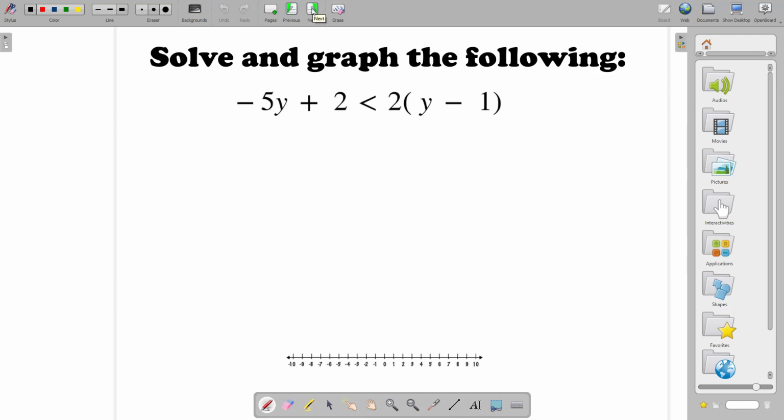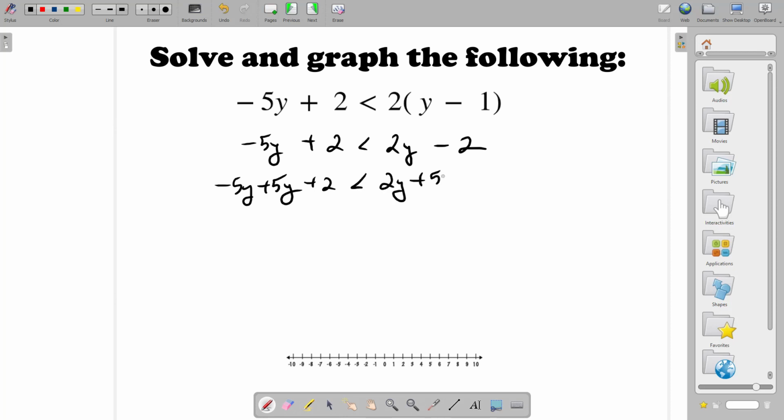All right, let's look at another one. On this one, we need to take the 2 and distribute, so I have -5y plus 2 less than 2 times y is 2y. 2 times -1 is -2. Then I'm going to add 5y to this side. And I'm going to add 5y to this side.